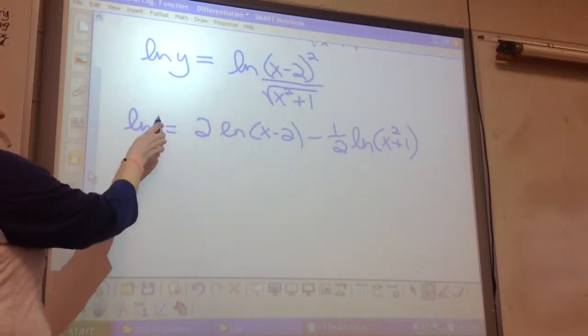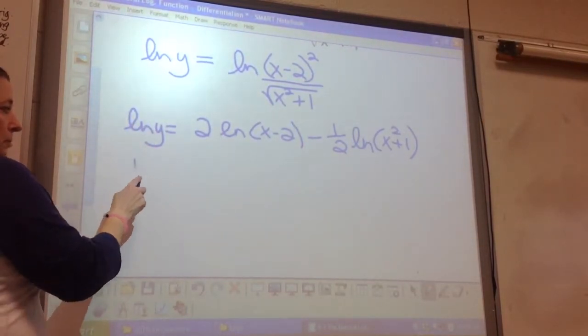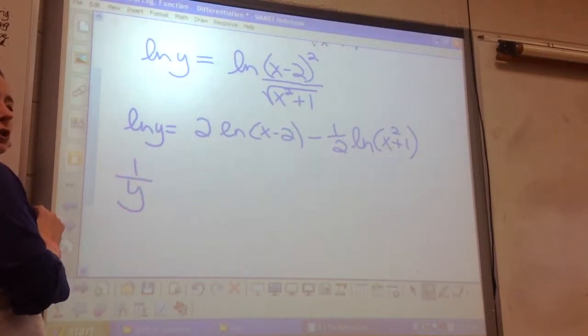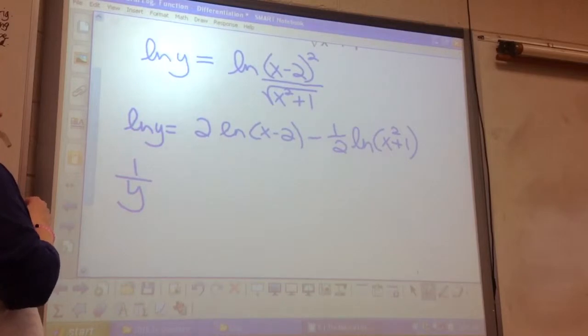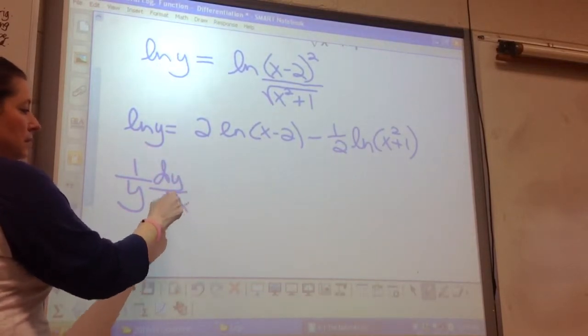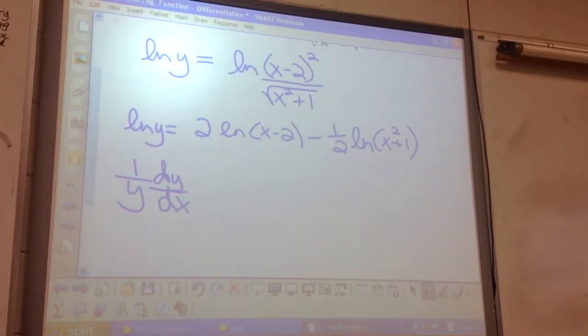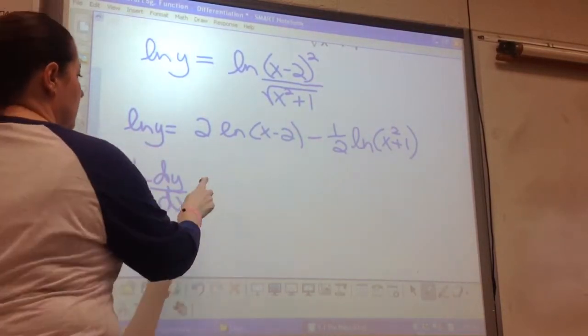Now, look right here, the derivative of ln of y. One over y. What do we usually do when we take a derivative of a variable other than x? Times dy dx. It's the same reason, because we're in x.